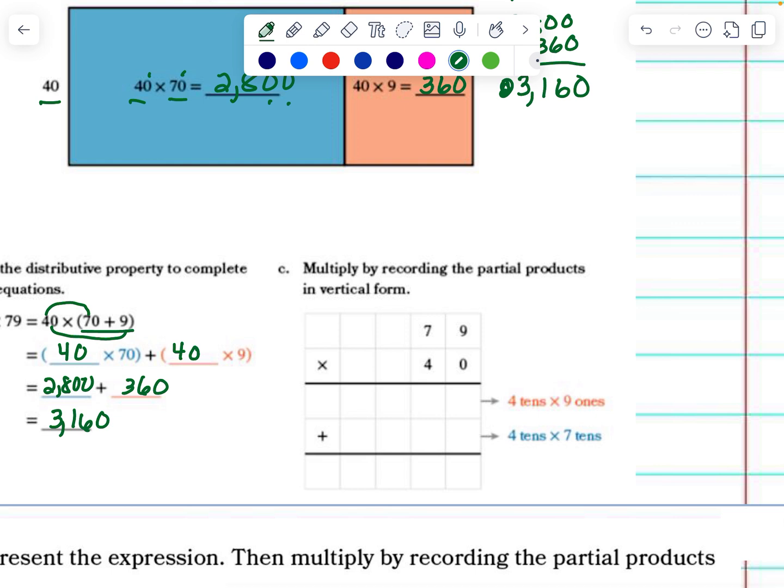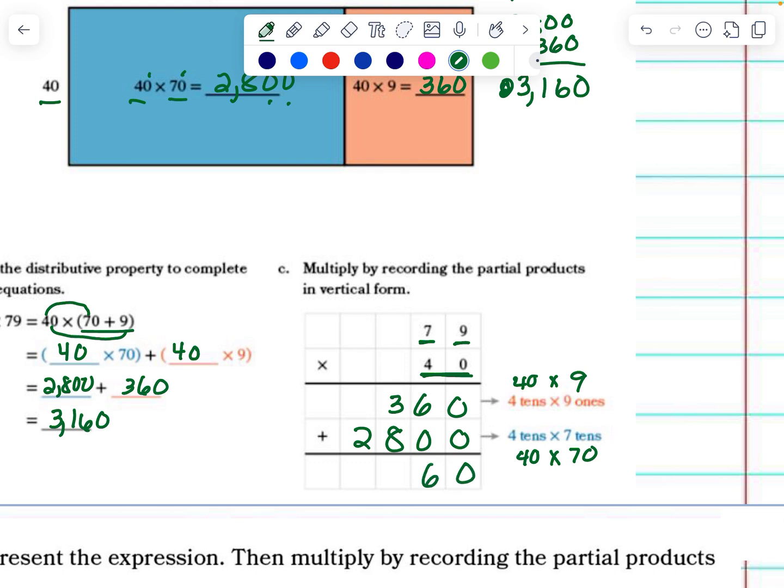Using partial product, 4 tens. 40 is 4 tens. So 4 tens times 9 ones is 360. 4 tens times 7 tens is 2,800.